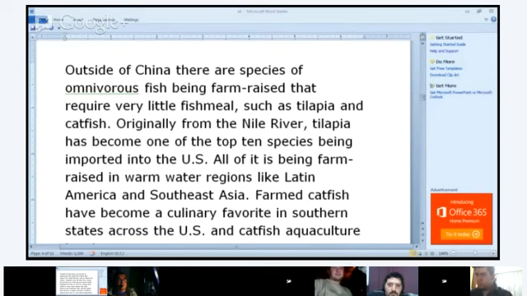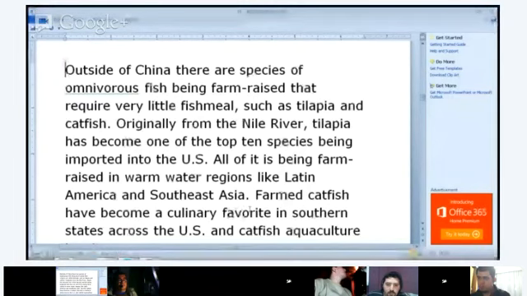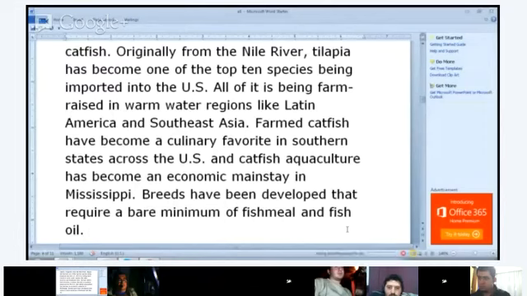Originally from the Nile River, tilapia has become one of the top 10 species being imported into the U.S. All of it is being farm raised in warm water regions like Latin America and Southeast Asia.